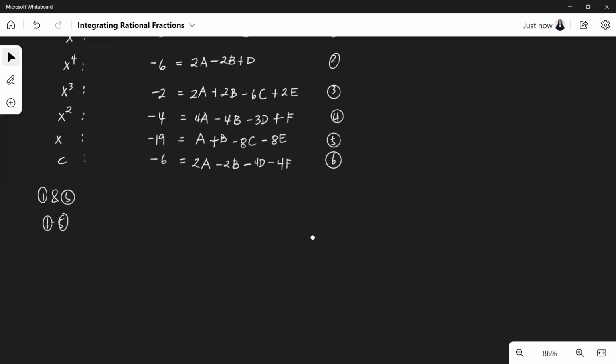We will perform 1 minus 5. Equation 1 minus 5.